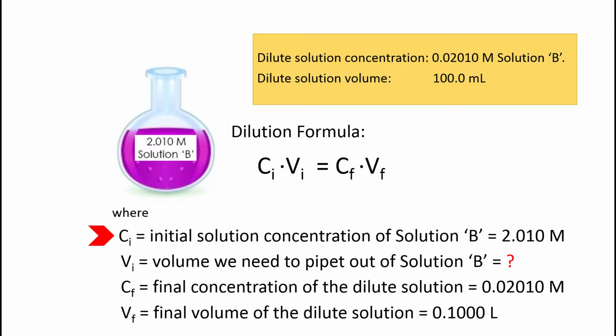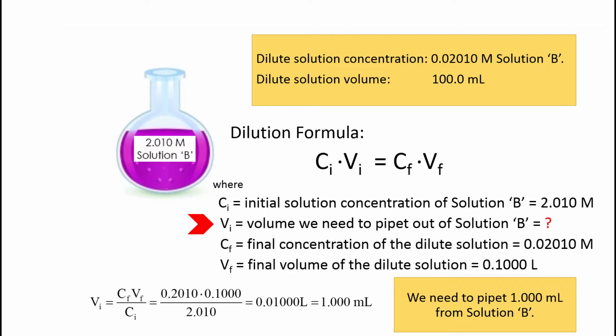Ci is the concentration of the initial solution, solution B, which is 2.010 molar, and Vi is the volume that we need to pipette out of solution B in order to perform this dilution. Solve the dilution formula for Vi, and we determine that we need to pipette 1.000 mL from the stock solution B.